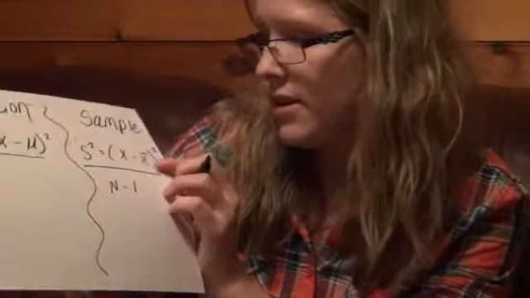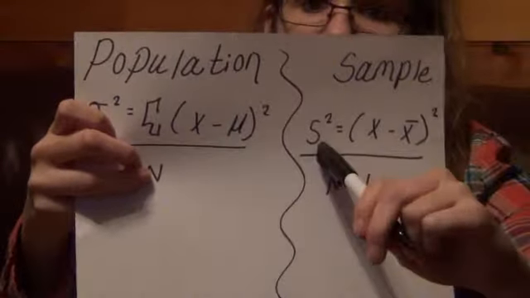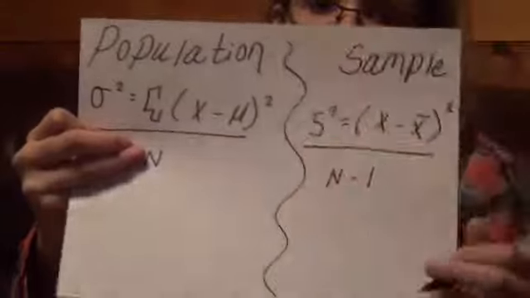So now, using the same numbers, let's assume that this is a sample instead. So just as before, we'll make a chart, but we will use different symbols here. As you can see, we have n minus 1. Instead of using the Greek symbol, we have an x with a bar over it. It's s squared instead of this symbol squared.